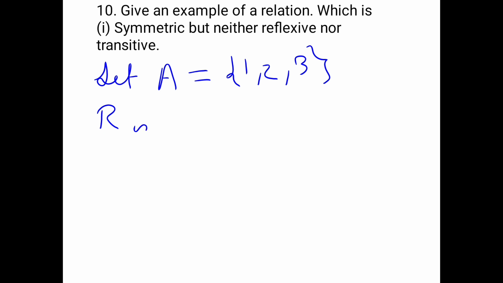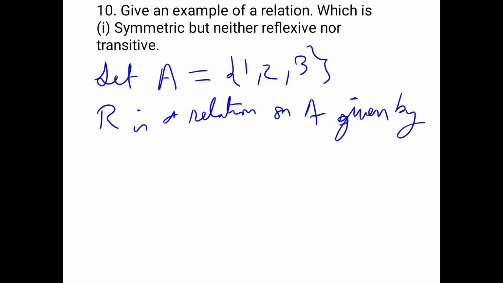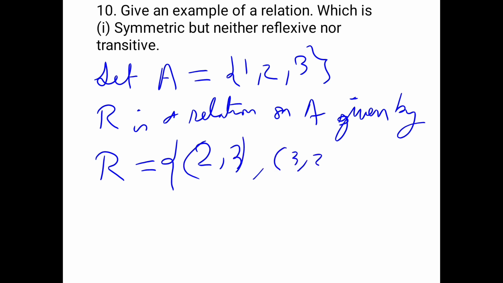R is a relation on A, given by the following. We have to check whether the relation is symmetric, reflexive or transitive. 2 is related to 3 and 3 is related to 2.